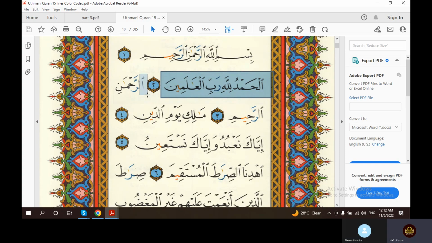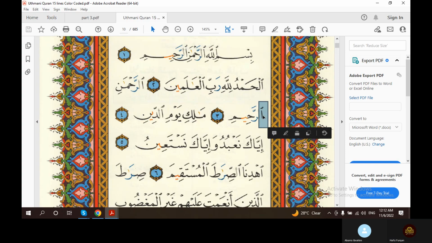We read this one because it's in the beginning of the word. Do we read this one? No, because it's connecting with the raw. When we see Hamzatul Wasl in the middle, we don't read it. Do we read this one?